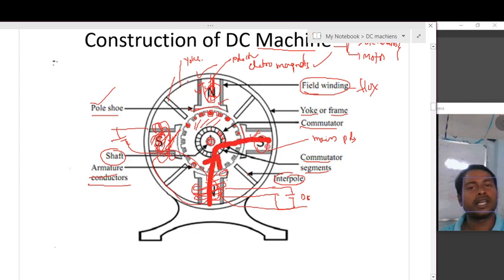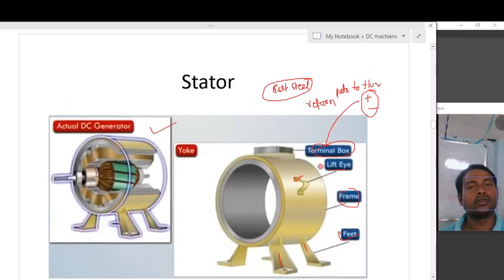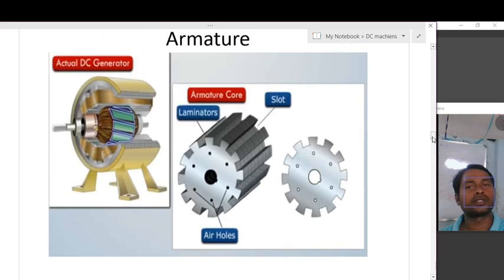I will draw a bigger one so you can understand easily. Flux flows from north to south, and the return path through the yoke is from south to north internally. So the yoke provides the return path to the flux, and it also supports the field winding, the field core and the armature. The core is supported by this yoke.